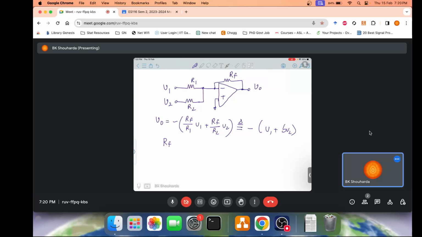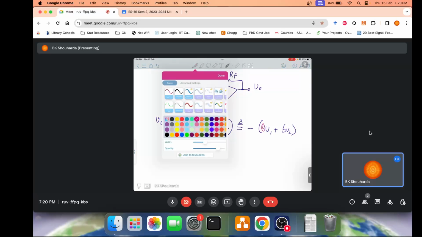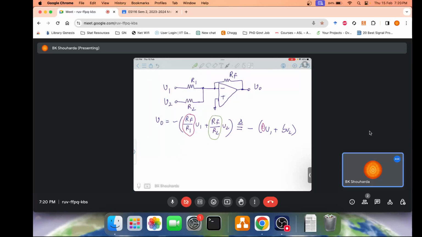So we first equate term by term. Equate this with this one, equate this with this. We equate the coefficients term by term. Rf upon R1 is 1, so Rf equals R1.